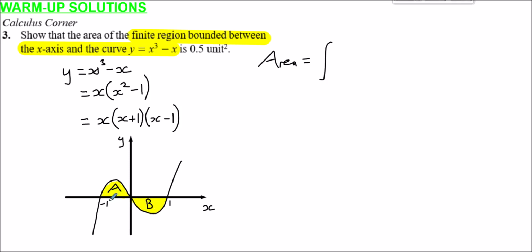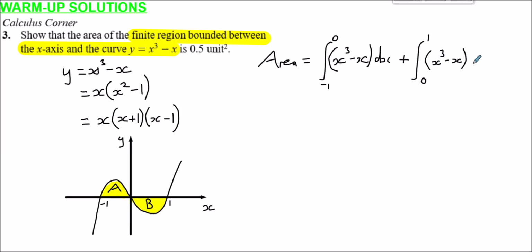region A is between minus 1 and 0. So between the limits of minus 1 and 0, we integrate the function x cubed minus x dx. And then we add on region B, which is from 1 to 0. And it's still the same function, it's still x cubed minus x with respect to x.